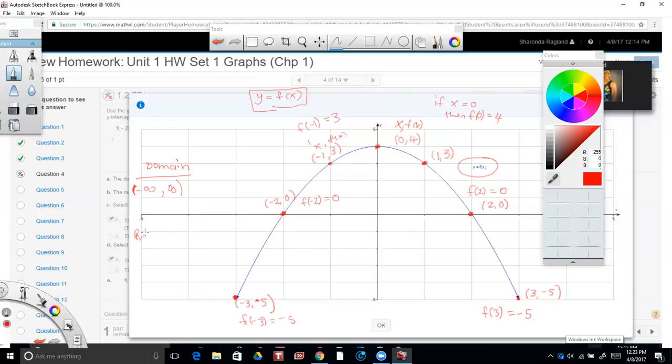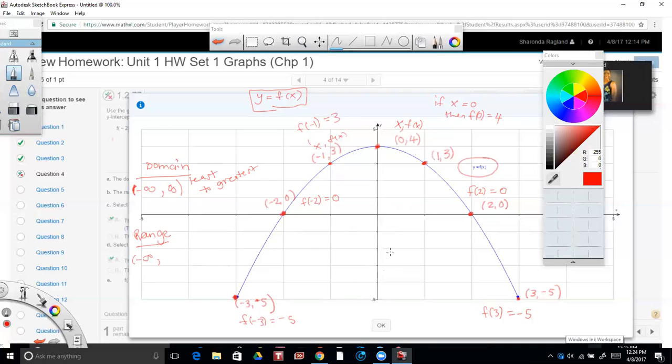Now, the range is a little different. Again, we go least to greatest. In this case, I'm going to have to look down and then go up. So the lowest y value, again, that parabola is going to continue to go down, so the lowest y value will be negative infinity. You cannot bound negative infinity.